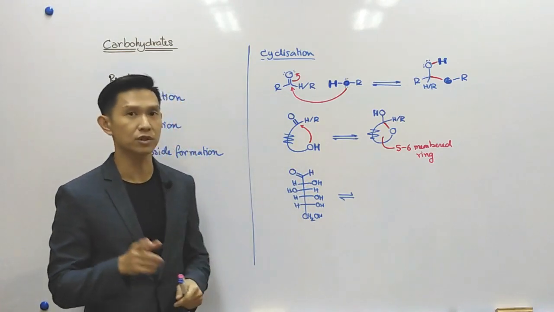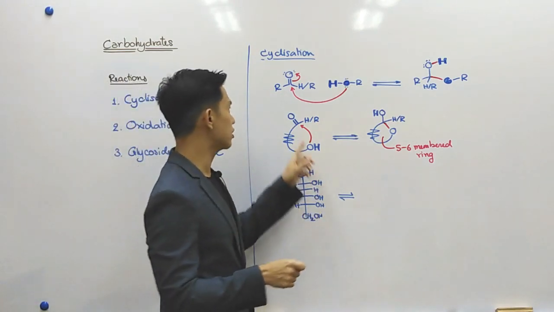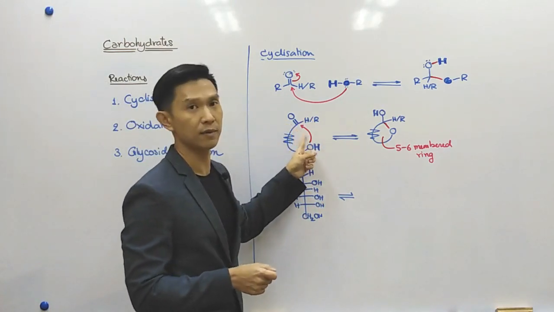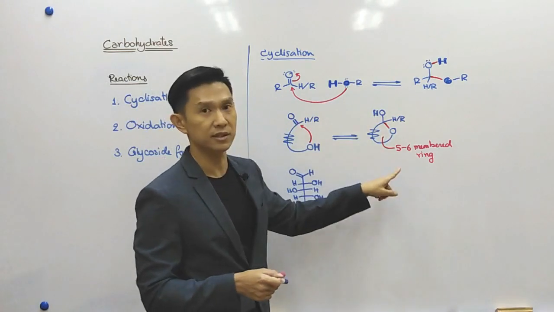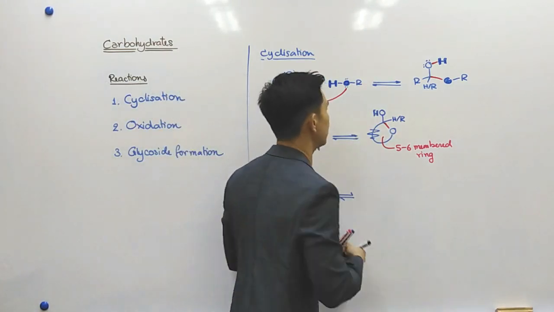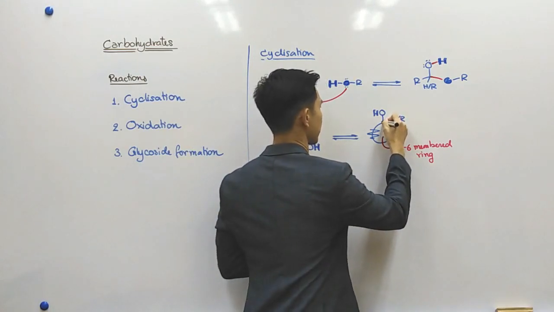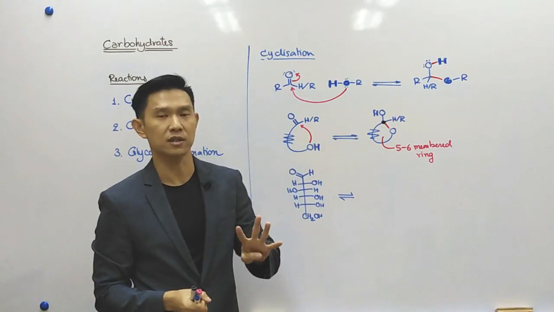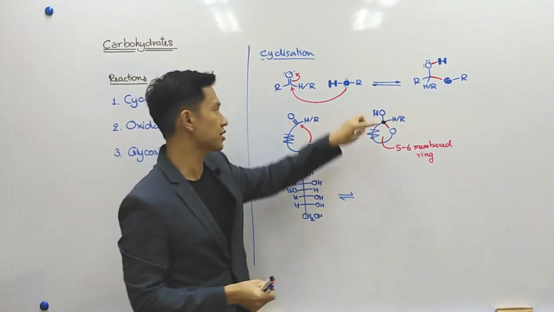Another thing that I want you to know is that when you knock the O onto the carbon here, creating this cyclic structure, you also produce this chiral center. This carbon contains 4 different single bonds, right? So this is the chiral center.